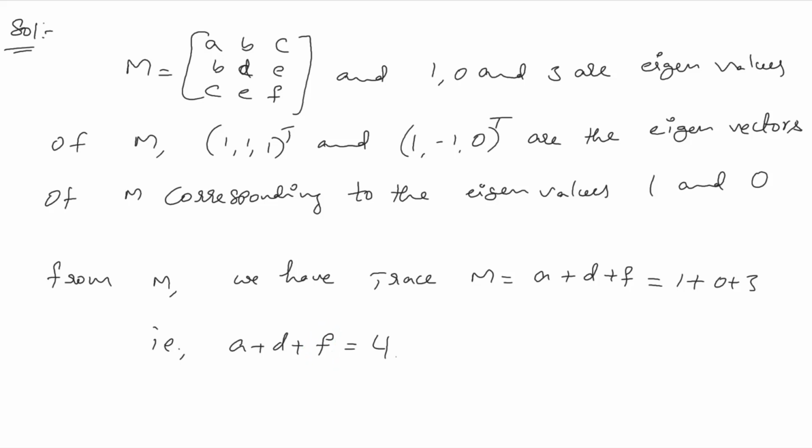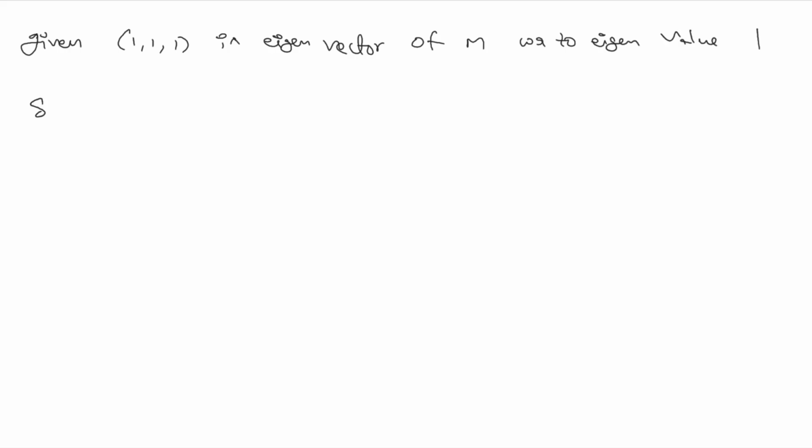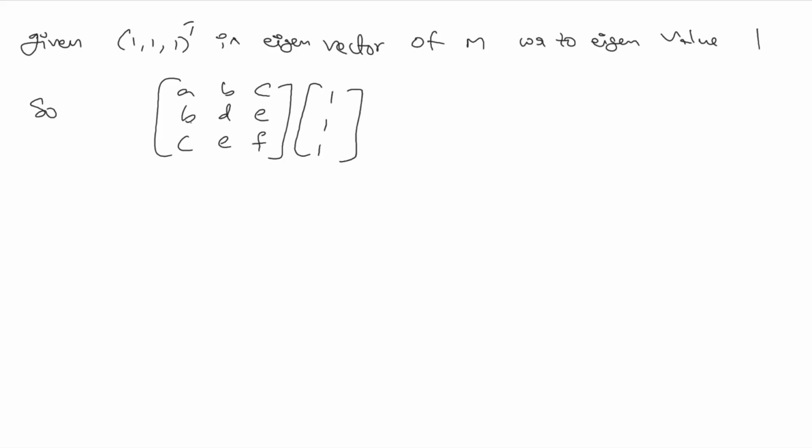Since (1, 1, 1) transpose is an eigenvector of M with respect to the eigenvalue 1, we have the matrix A, B, C, B, D, E, C, E, F times the vector (1, 1, 1) is nothing but the eigenvalue times the same eigenvector (1, 1, 1).